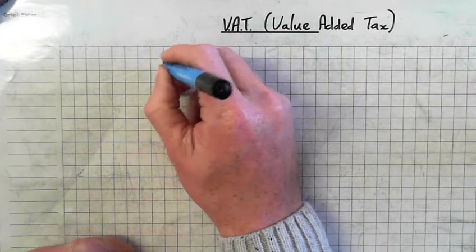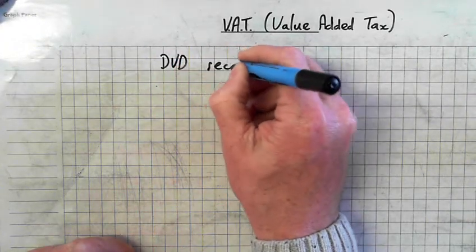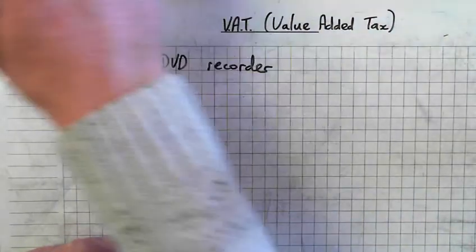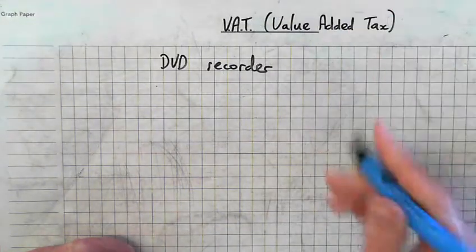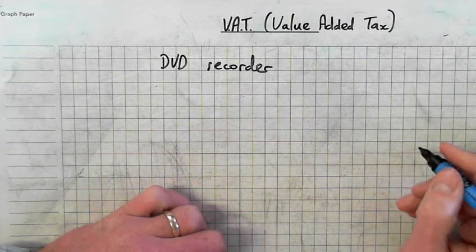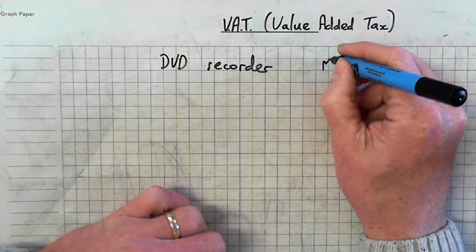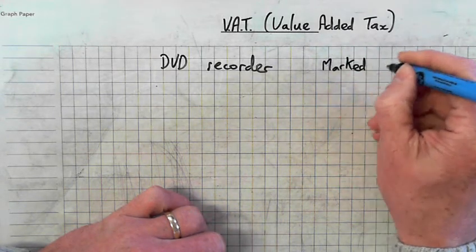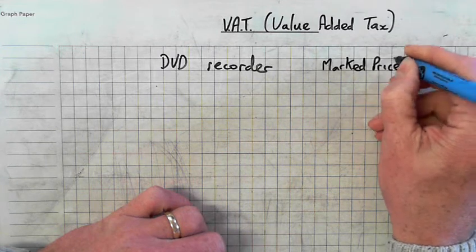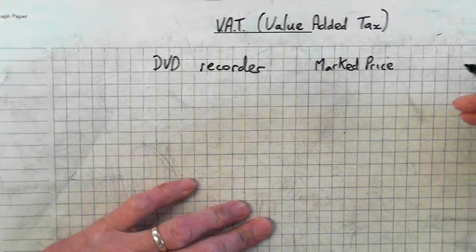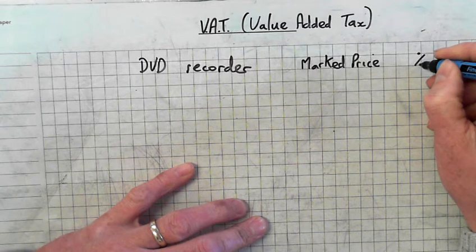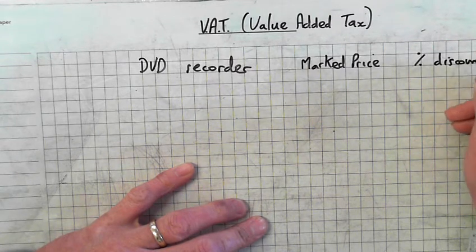So we have a DVD recorder. I'll do just a couple of sample questions, so we just watch. A DVD recorder, it's called a marked price, and there's a percentage discount.